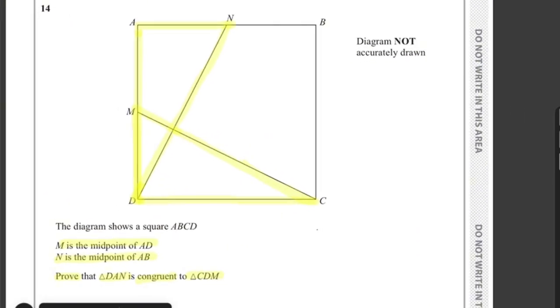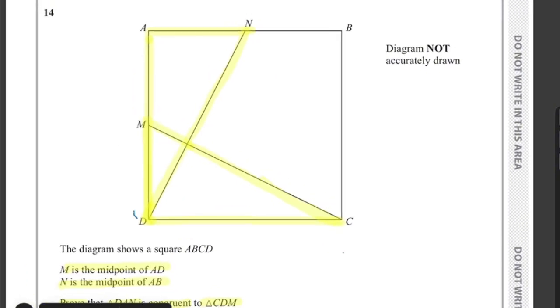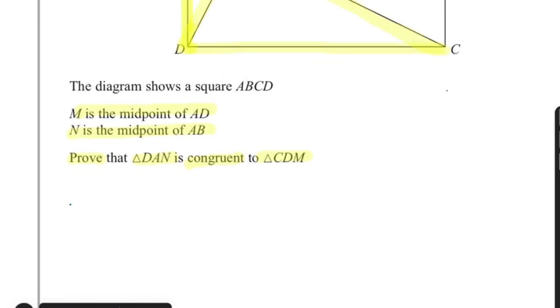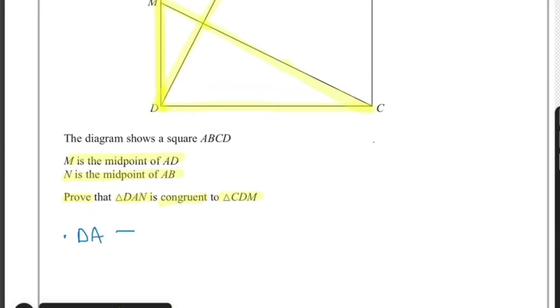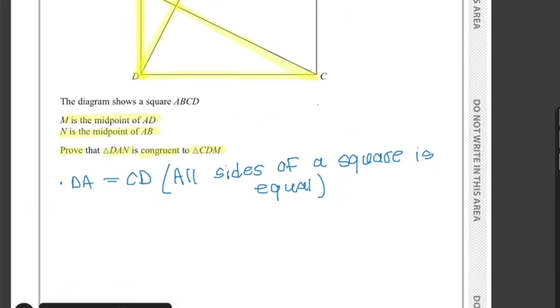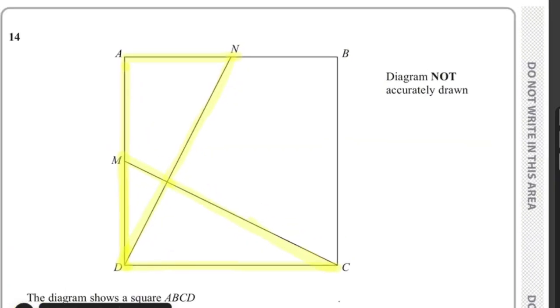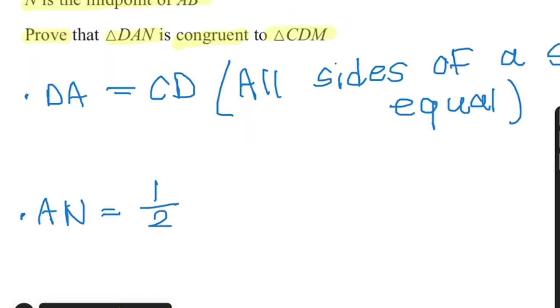First, when we look at it, we can say that DA is equal to CD, like this. It's pretty much predictable, so this is going to be our first. Prove DA is equal to CD. Second, we know that N is the midpoint of AB, so AN will be half AB.